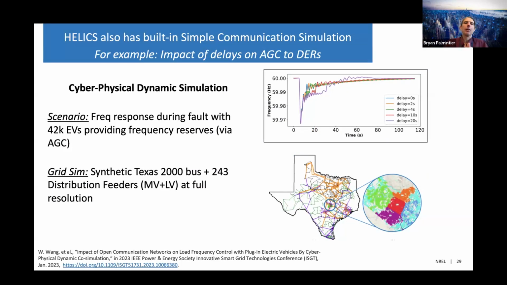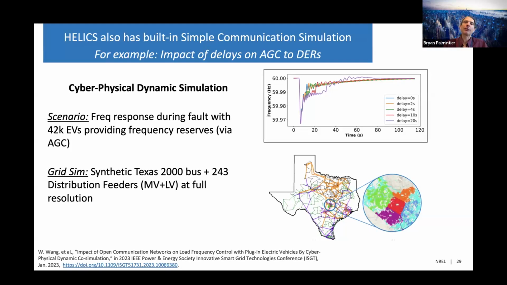So this is when there's a disturbance on the system, often when a generator goes out, the frequency on the bulk side of the system, the entire grid, may drop until you're able to bring more resources online. And the idea of this is, in addition to bringing resources online, we could also control smart charging behavior of the electric vehicles, through this automatic generation control signal that provides those very fast control signals to enable this recovery to do better.